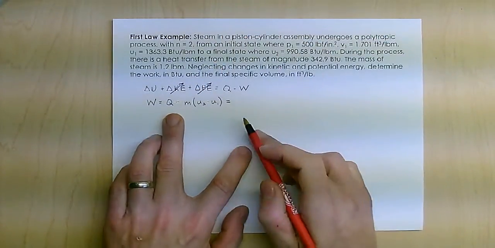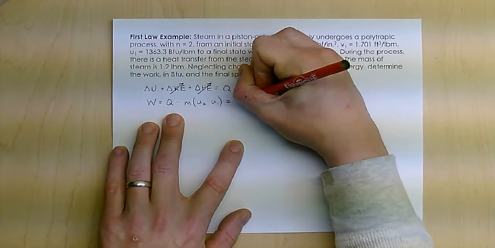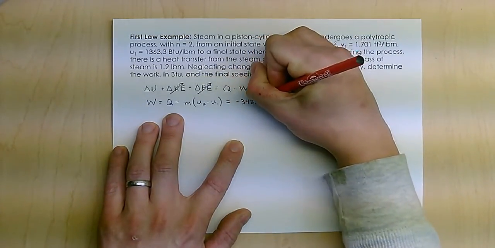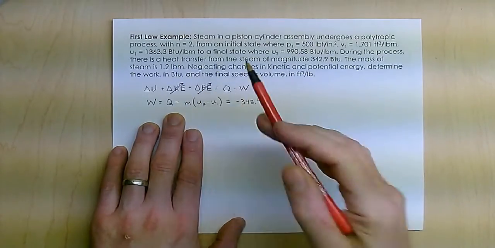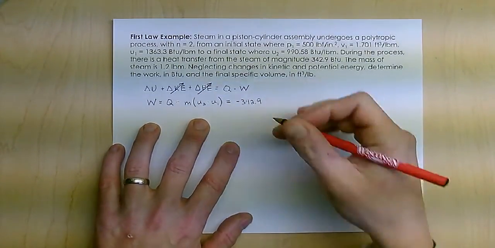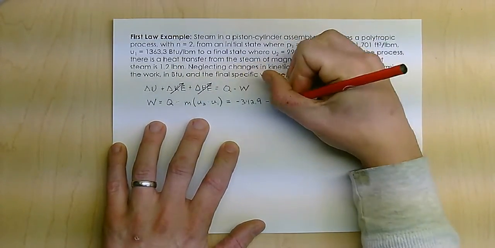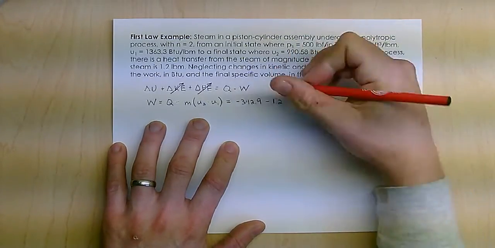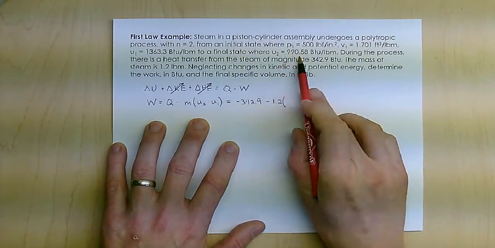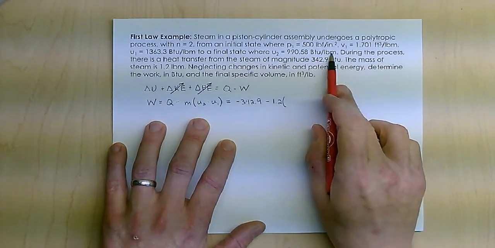So that's going to equal Q, which again is negative 342.9, and it's negative because the heat transfer is from my system, which is the steam, minus 1.2 pounds times U2 minus U1, which is BTUs per pound.